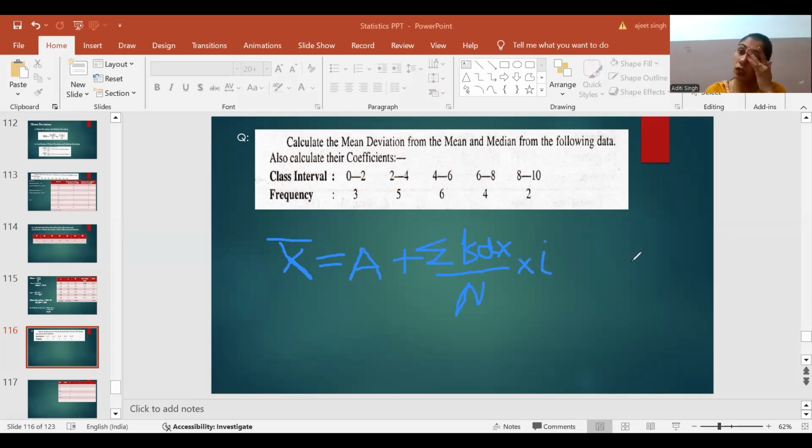So this is the formula: x bar is equal to A plus sigma f dx divided by n into I.